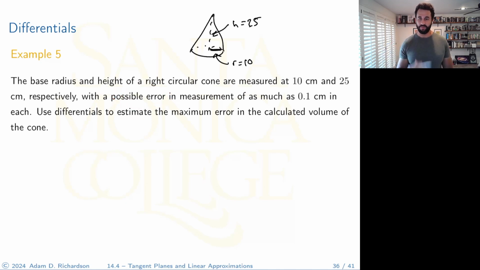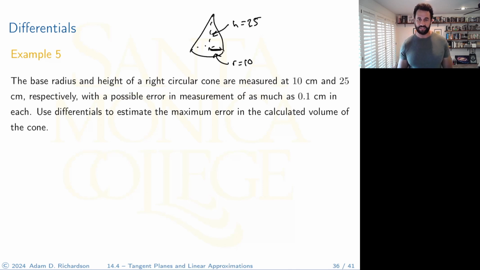What we know with our equipment is that the error in our measurements could be as much as 0.1 centimeters, or 1 millimeter. So even though I'm measuring it at 10 centimeters, I could be a millimeter off maximum. Whatever measuring instrument I'm using, like calipers or a tape measure, there's an error, right? So it could be off by a millimeter.